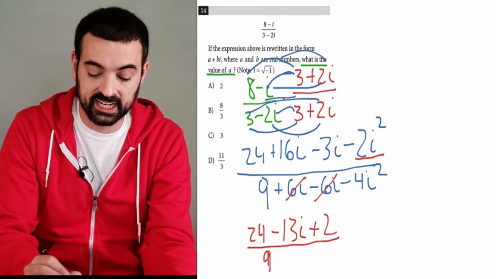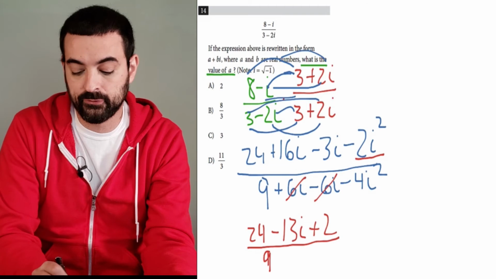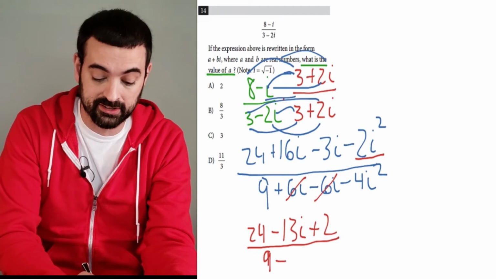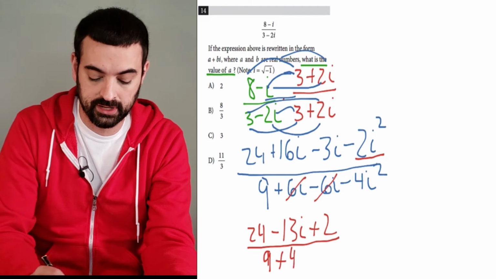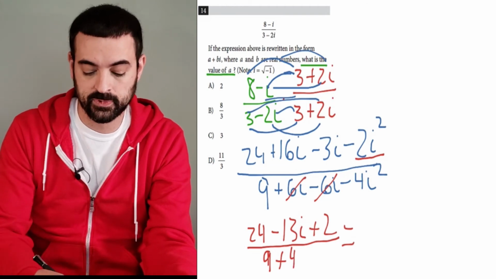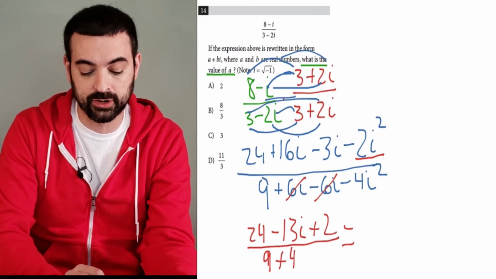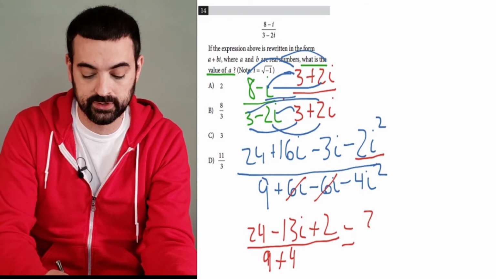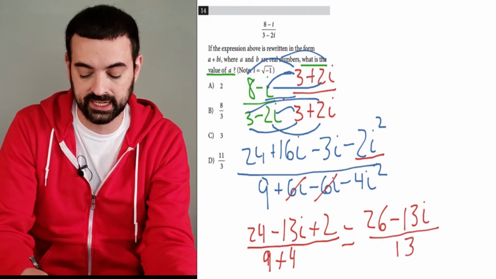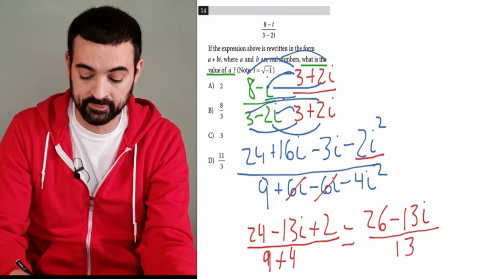Positive 6i and negative 6i cancel. Negative 4i squared is the same as negative 4 times negative 1. So we have a positive 4 now. And our new numerator will combine like terms, 24 and 2 to be 26 and negative 13i, with positive 13 in the denominator, 9 plus 4.